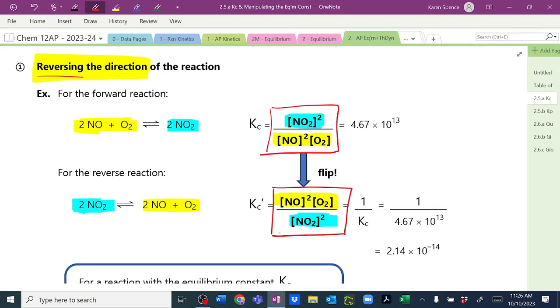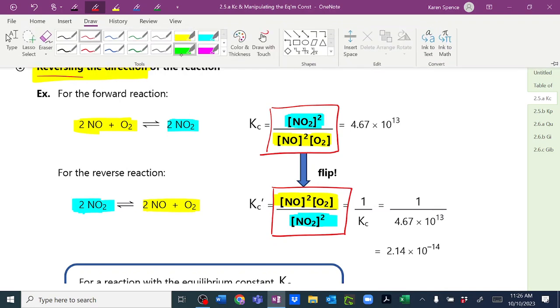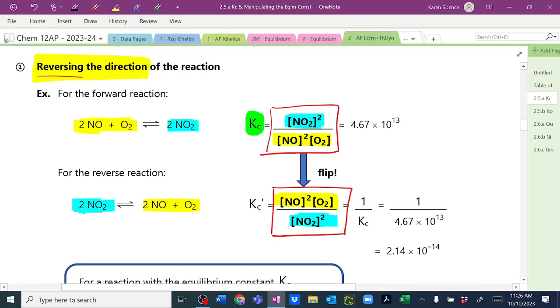So if we had a Kc value for the forward reaction, Kc is 4.67 times 10 to the negative 13, then Kc, and we're going to call it prime. Okay, that's how we distinguish it. It's like we've done something to Kc now. Yes, we've reversed the reaction, so we're going to flip it. So this Kc prime, in this case, is for the reverse reaction.